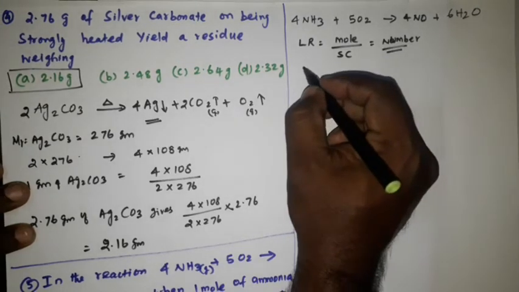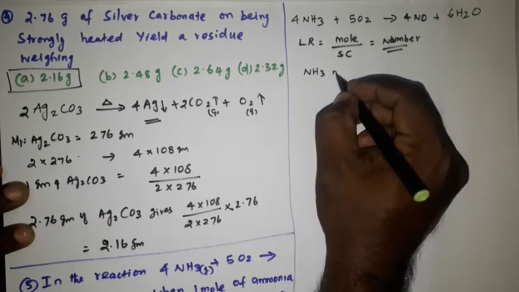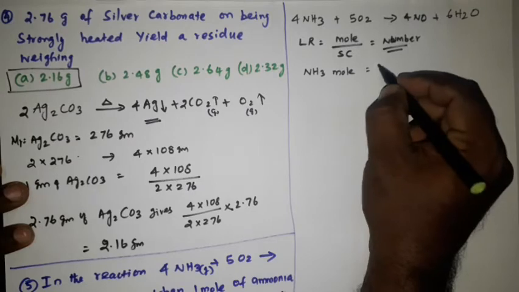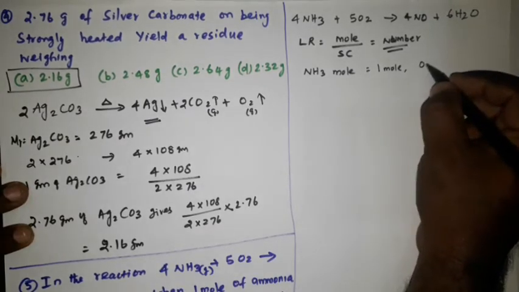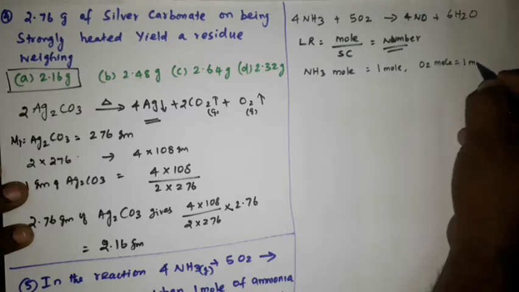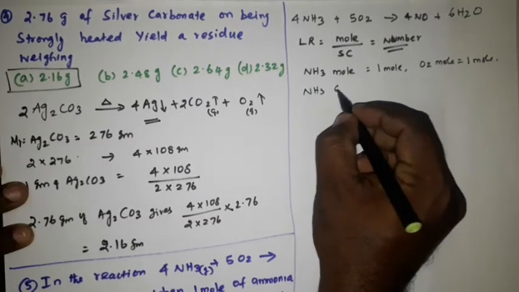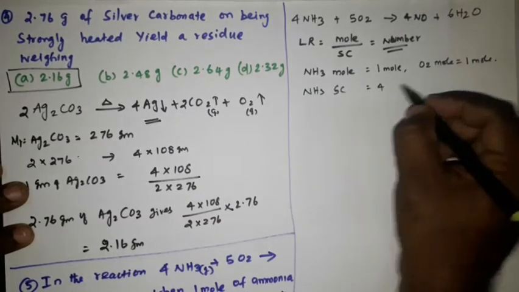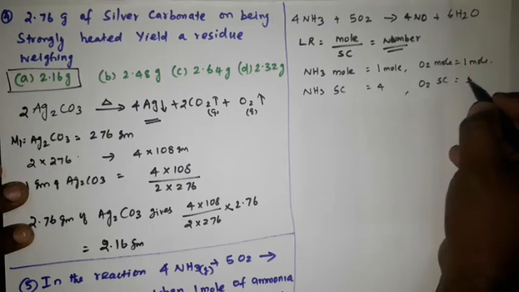So here for ammonia, the number of moles according to the question is 1 mole. Then oxygen is also 1 mole. Now the stoichiometric coefficient of NH3 is 4, and the stoichiometric coefficient of oxygen is 5.